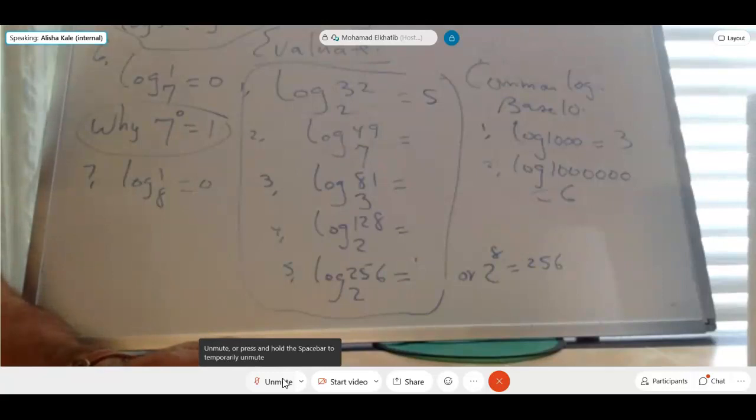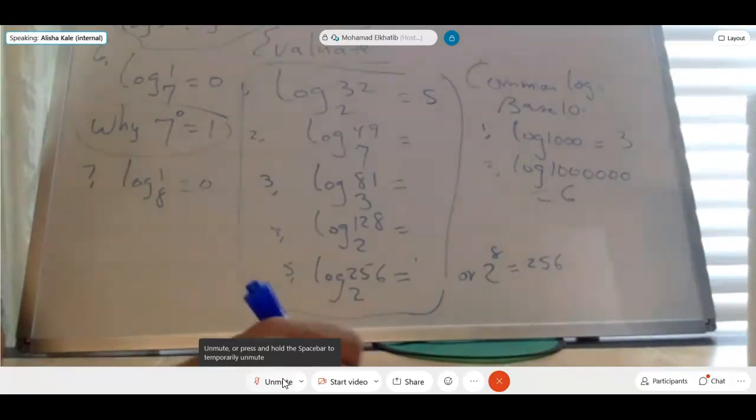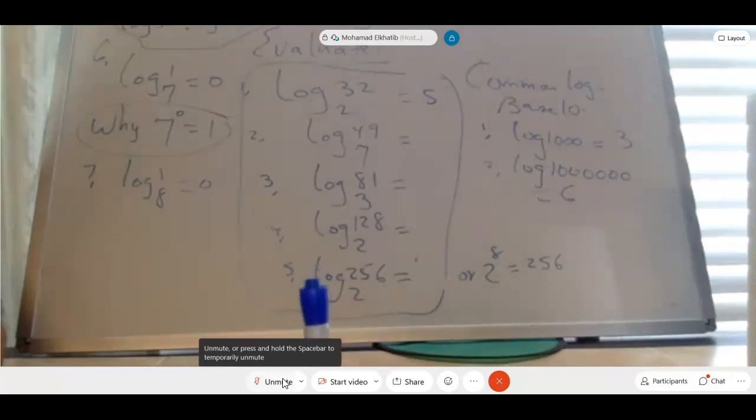Press 32 log on your iPhone, divided by 2 log, then equal. I got 5. Did it work? Yes. Write it down on your notes, please, so you can do the homework. Say: I press 32 log divided by 2 log equal. That's how I find the log, so I'll be able to do the homework.